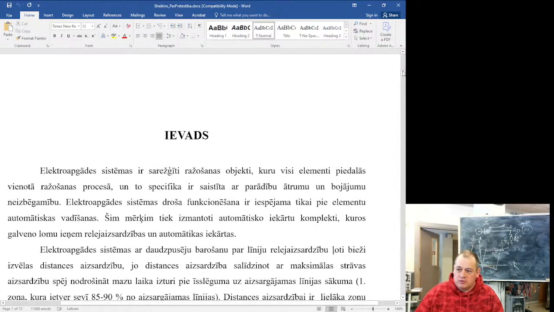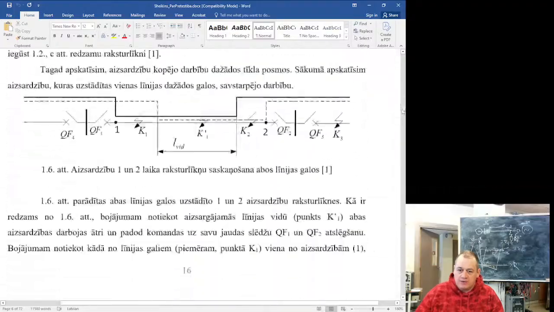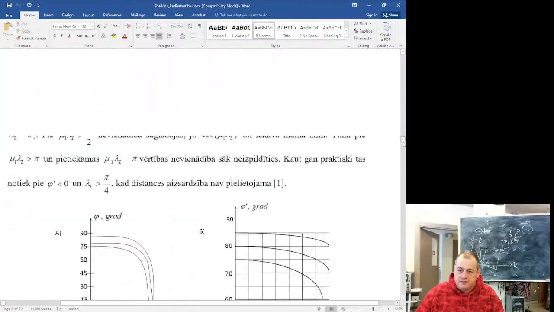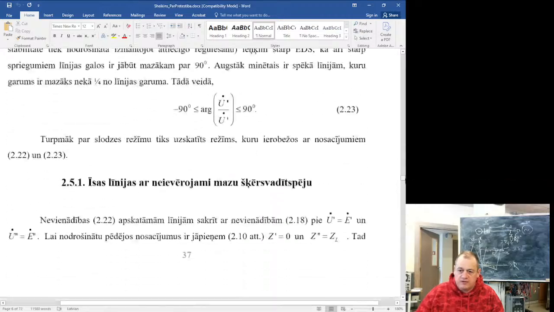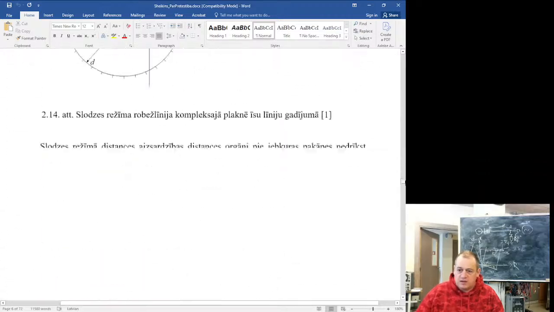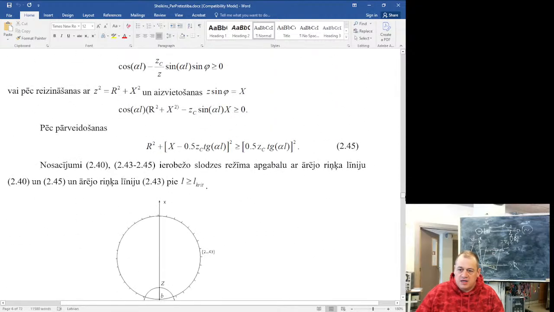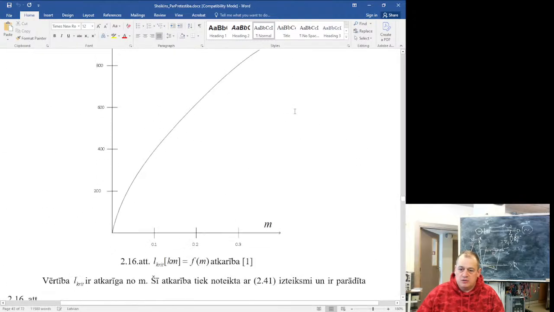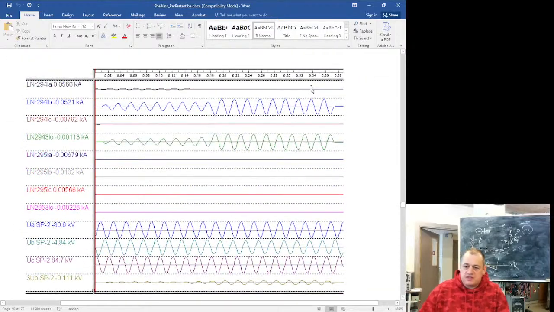Yeah, but what do we need? One second, I will find it. Here is a chart. See, these are possible regions. Yeah, that's what I needed.